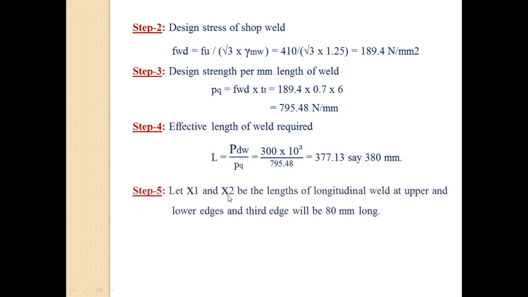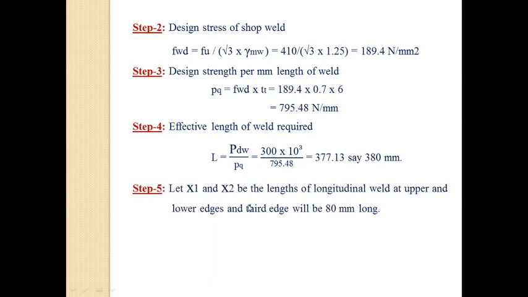Okay, so provide it. So now here the angle section is given, and one leg of that angle section is overhang. So one leg is connected and one is outstanding leg. So here third edge we know that is angle size, that is 80 mm. So we can provide this transverse weld, that is 80 mm.